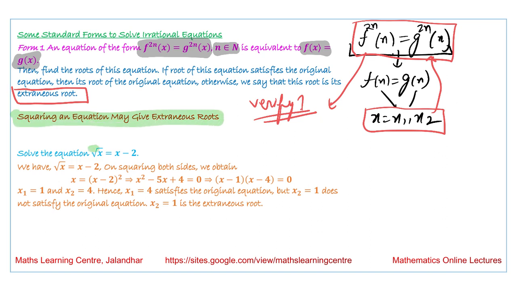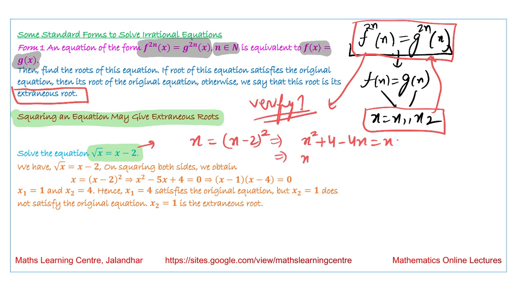So if we have to solve this equation, square root of x is equal to x minus 2, we are going to square both sides of this equation. We get x is equal to (x minus 2) square. So this implies x square plus 4 minus 4x is equal to x.